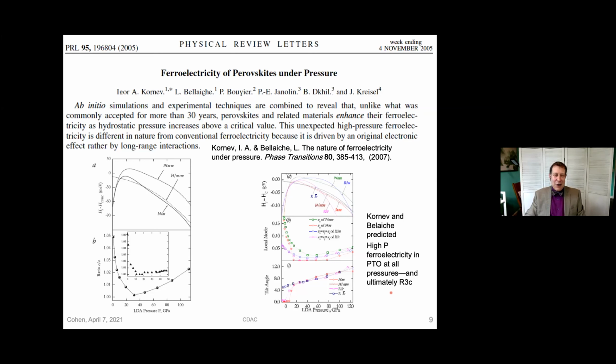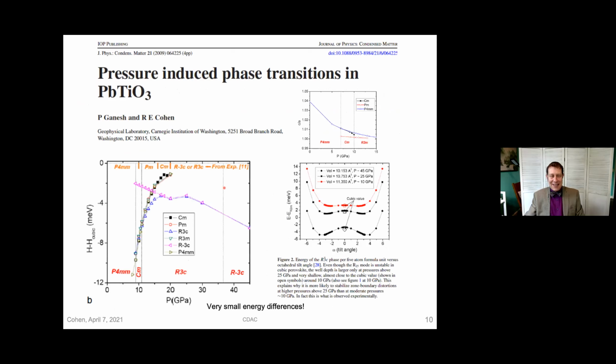So over 15 years later, we're still working on this. So it's not for lack of interesting things to work on. Even in their paper, it says, unlike what was commonly accepted for more than 30 years, and now we're still working on another 15 years anyway. So that's the way science is sometimes, I guess.